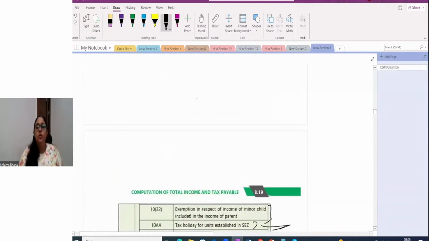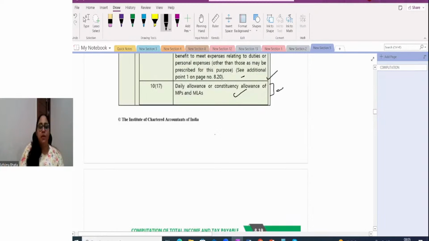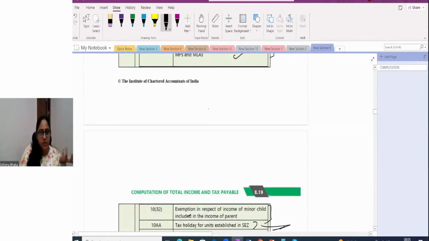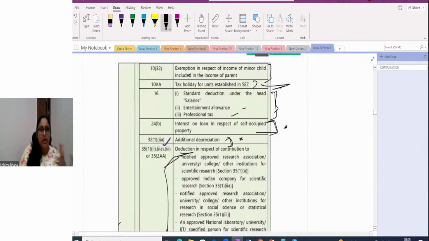Now I'm not a new SSC. 115BAC came 2 years back, but I'm filing my returns for the past 10-15 years, say. So what will happen? I might have had these exemptions or benefits before, right? I might be claiming them.